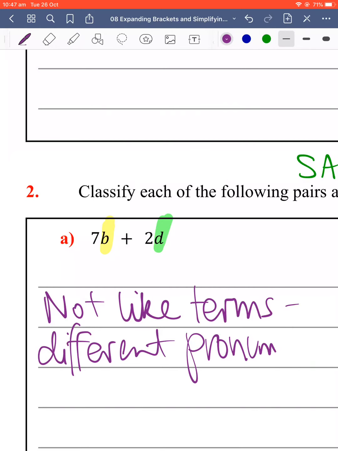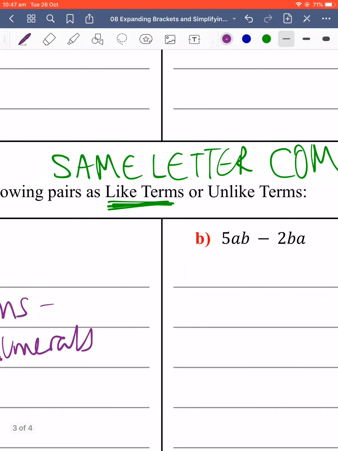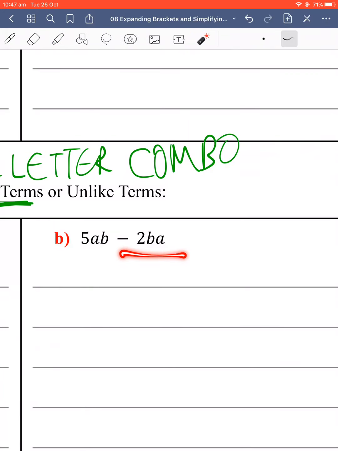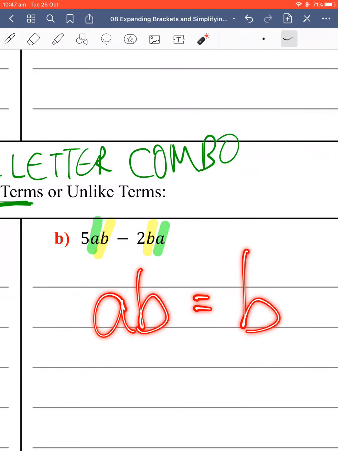Okay, on to our next one. We now have 5AB minus 2BA. So again, let's go through our colours. Let's go, A's are going to be green and B's are going to be yellow. Having a look at this, I have AB and BA. There's the same letters, it's just that I've changed the order of them.